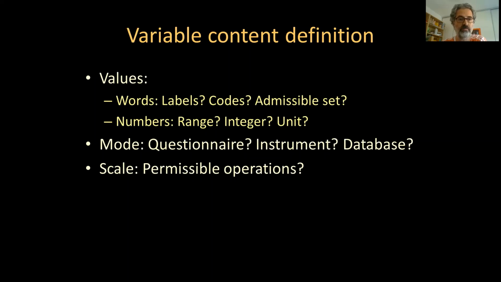If we were using the Norwegian initials, we can use codes. We can use 1 or 2 for the two sexes, or in some kinds of research, we might want to have more labels permissible and not just 2. So we need to define all those things. What is the range of values that can go in? Is there a limited set? And specifically, which one is it? Which words go in there?